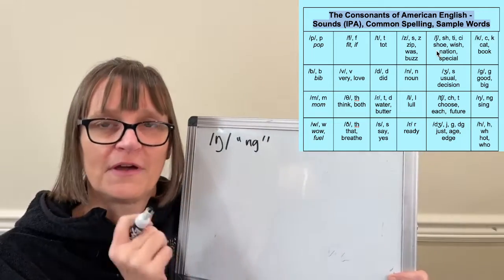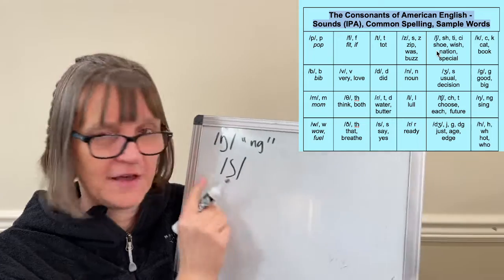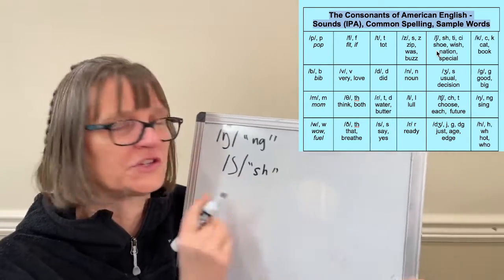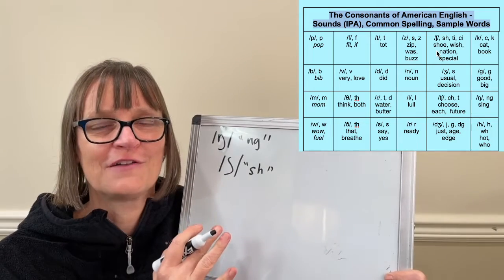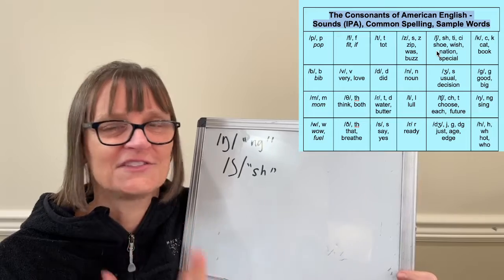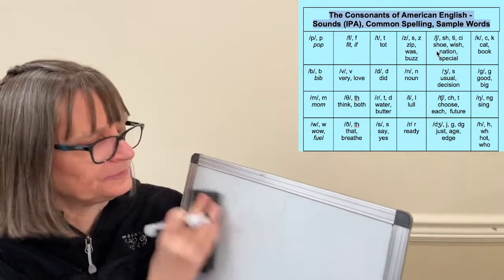You can learn more about the ng sound or the sh sound. Those don't have an equivalent in writing. So there's just a few new ones to learn. A lot of the consonant sounds you'll already recognize. The IPA is the same as the letter in English or the letter in your native language. Okay.